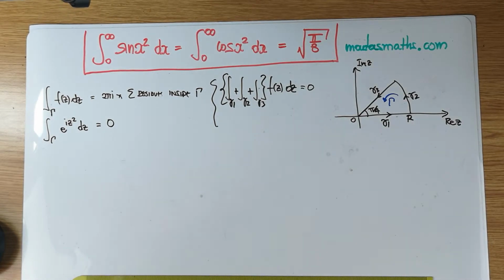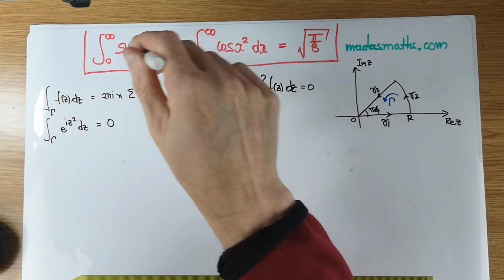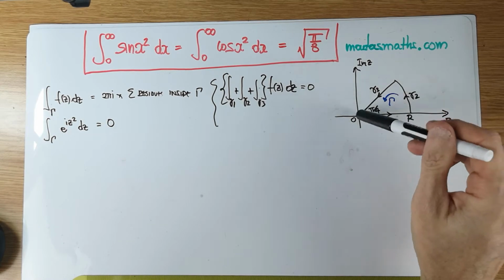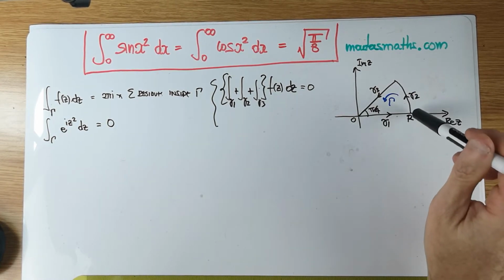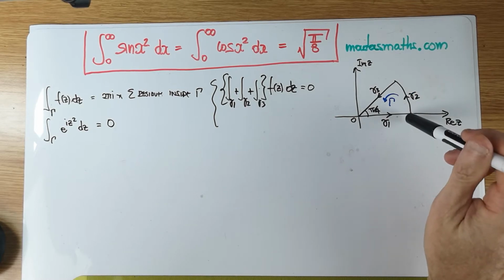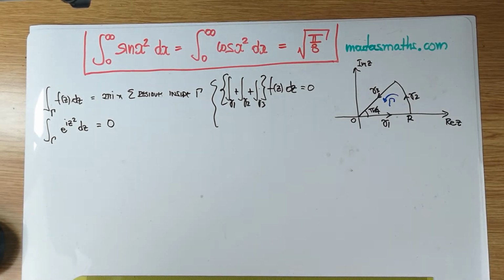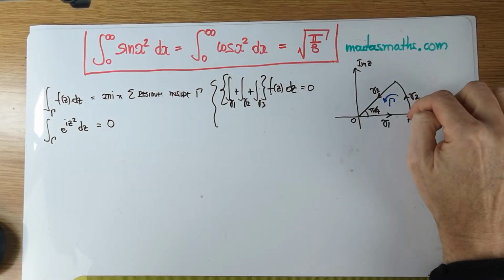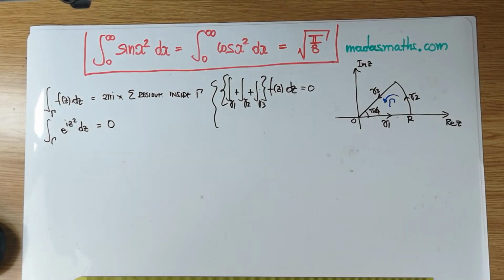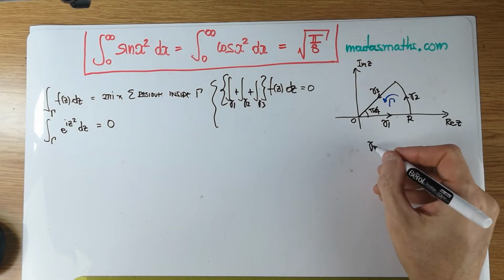So we're hoping that our integrals are going to come from the straight line segments, and the contribution around gamma 2 in the limiting case as r tends to infinity, of course, is going to be 0. So let's start with what we're hoping will have a 0 contribution, which is the integral around gamma 2.